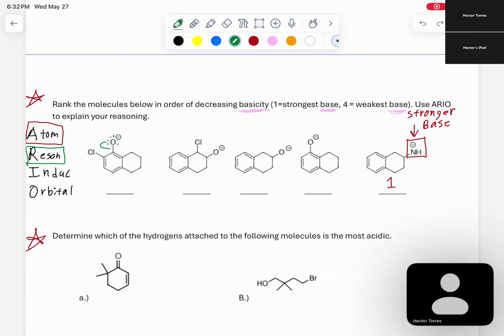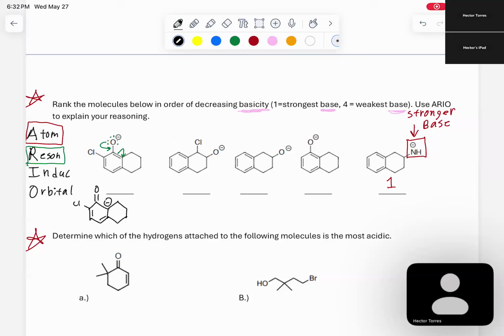What this one can do is drop the electrons to make a double bond onto the ring and move those electrons. If we draw that resonance structure, it's going to look like this. So we have that negative charge, and we have all the electrons.